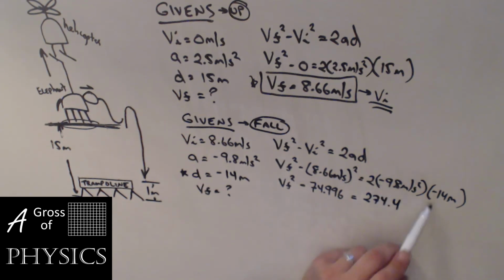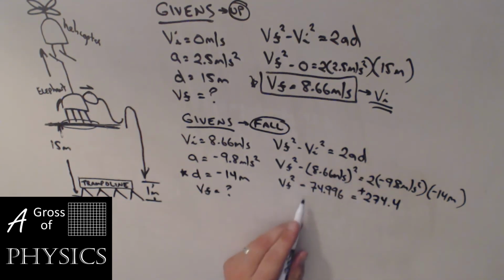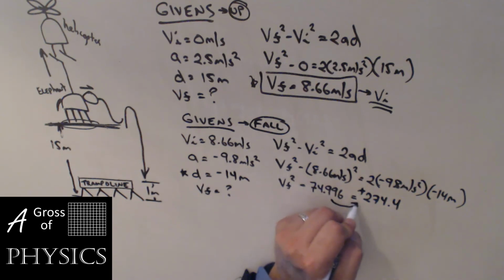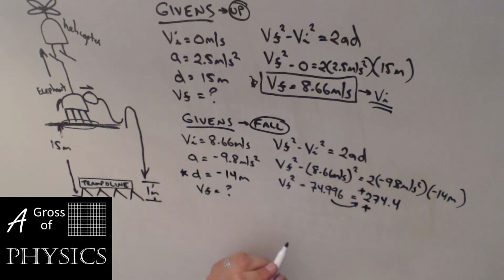So these two signs make this a positive, and then we had a negative there. So what we have to do is bring the 74 over, but add it to the 274. So I have the 274 in. I'm just going to add plus 74.9956 was the full number.